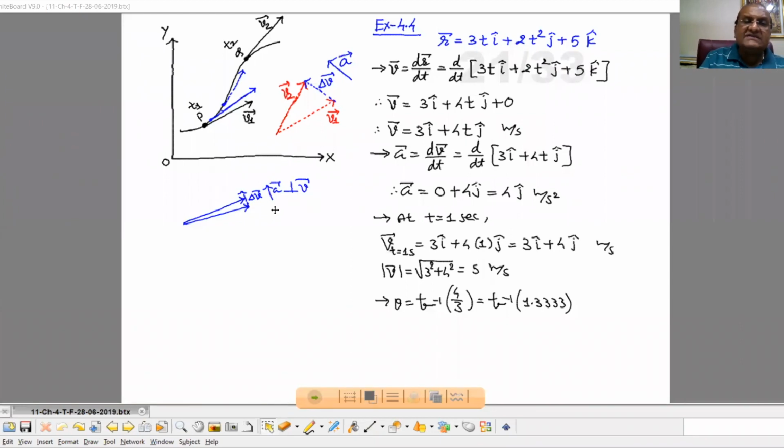So in this case acceleration will be perpendicular to velocity. It means if any particle is moving in a circular path like this, then its acceleration and velocity are both perpendicular to each other. Clear? Okay, everyone understood up to here?